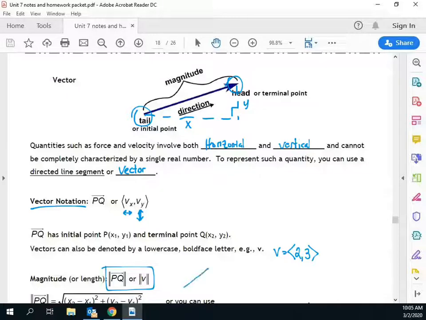If I have a vector with a horizontal component and a vertical component that meet at a 90 degree angle, and let's say this is A and this is B, how do you think I will find the length of C? Pythagorean theorem. That's why you see this right here: the square root of the distance from here to here squared plus the distance from here to here squared. That's your Pythagorean theorem.